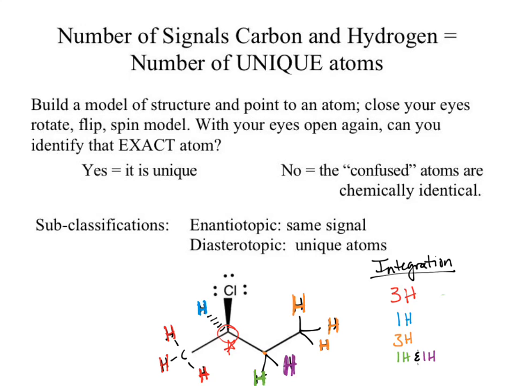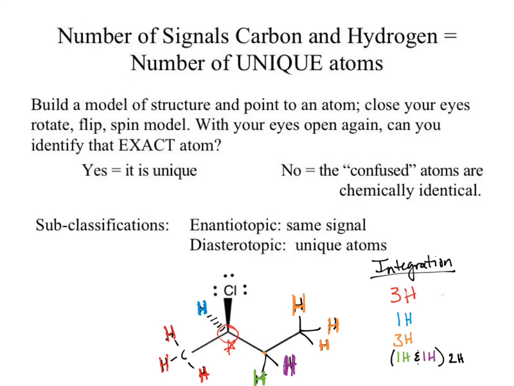Those two, depending on what happens, might show up as a 2H, depending on how different the spectra decides to see it, or how different the magnet decides to see those two hydrogens. That detection ability has to do with how big the magnet is. The bigger the magnet, the more likely you'll see a difference between those, because it can now detect those subtle differences.